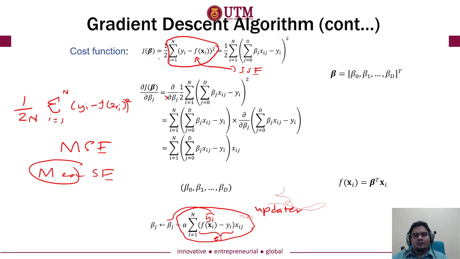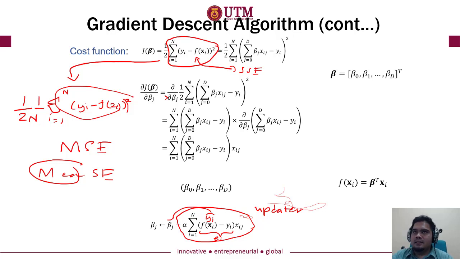So if you want to change your cost function from SSE to MSE, then it looks like this. You will have 1 over 2 times 1 over n, meaning the total errors you must divide by n. If your sample size is 1000, that is the only thing that changes in the equation.